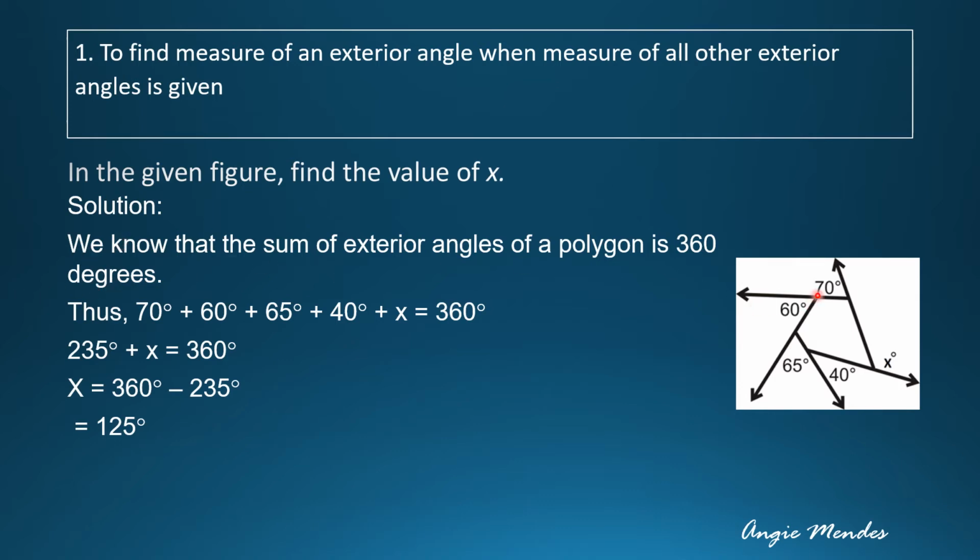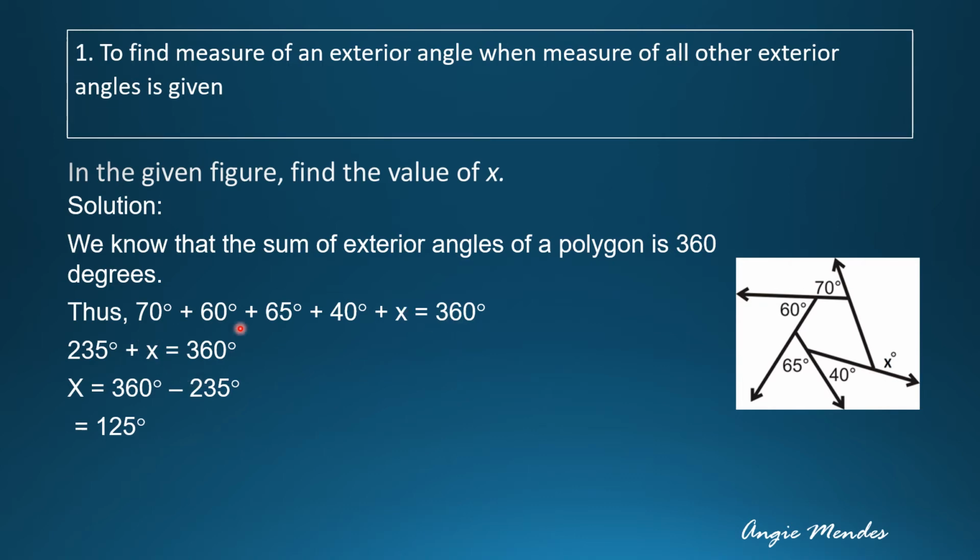So let's see what we need to do. We know that the sum of the exterior angles of a polygon is 360 degrees. That means all of these exterior angles, when we add them up, the total is coming to 360 degrees. So let's write what we know. 70 degrees plus 60 degrees plus 65 degrees plus 40 degrees plus angle X is equal to 360 degrees.